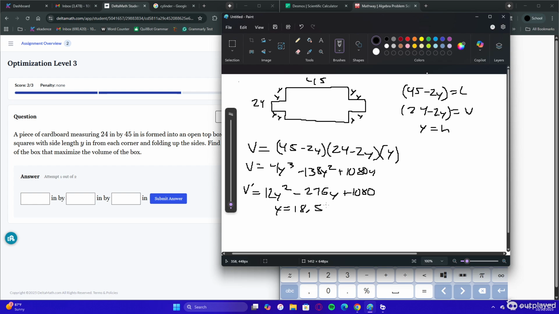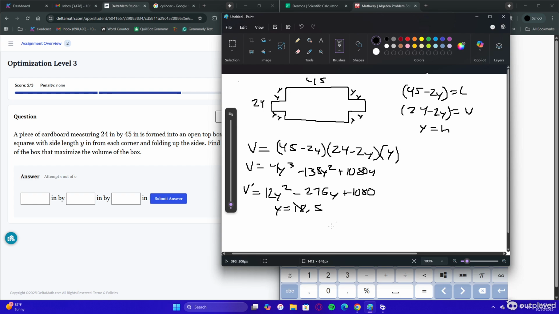Now, here we can plug in. First, let's try plugging in 18 to, say, the width, right? 24 minus 2 times 18. Now, if you plug that in, you'd get a negative number. So that doesn't work. So that means we should be using 5 for our y.